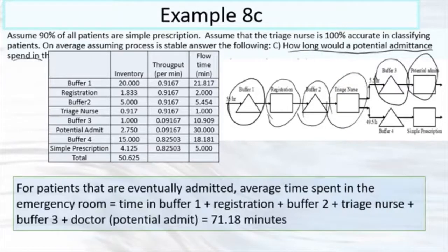So we just add up the times in all these stages, and this is actually in Excel. This shows you the times, and when we add all these times, it gives us 71.18 minutes. This is the answer for how long a patient who is a potential admit spends in the ER.